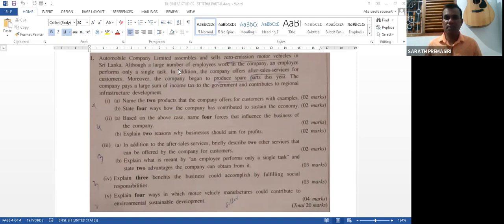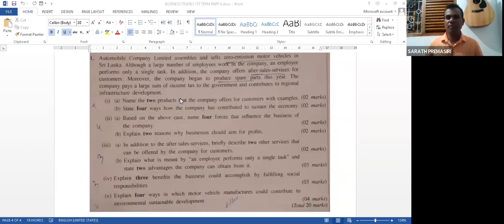In addition, the company offers after-sale services for customers. Moreover, the company began to produce spare parts this year. This company pays a large sum of income tax to the government and contributes to regional infrastructure development.